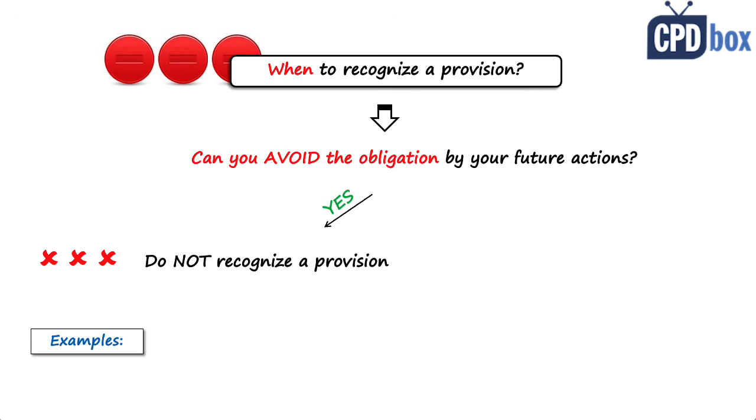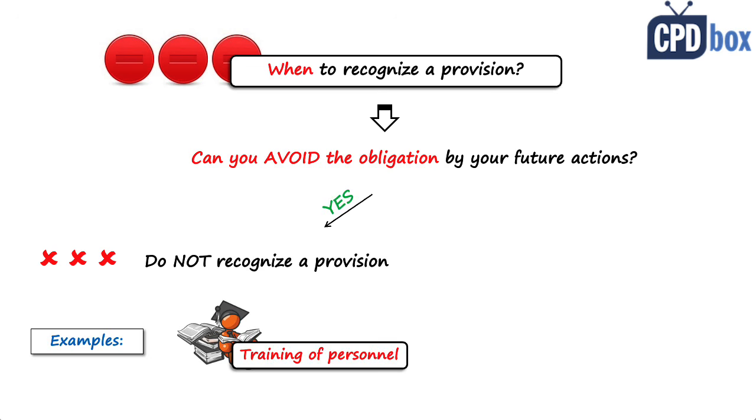For example, if government is introducing new laws and your company must train the employees to stay updated, your company may just decide not to continue in business or not to train personnel and thus avoid the expense. But if you really cannot avoid expenses by any future action, then you must make a provision.